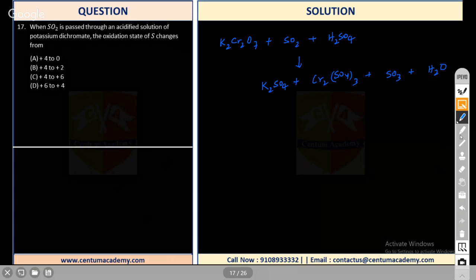Here the oxidation number of sulfur is plus 4, and here the oxidation number is plus 6. The oxidation state of sulfur changes from plus 4 to plus 6. Hence option C is correct. Okay, that's what you also got. 18th one you see.